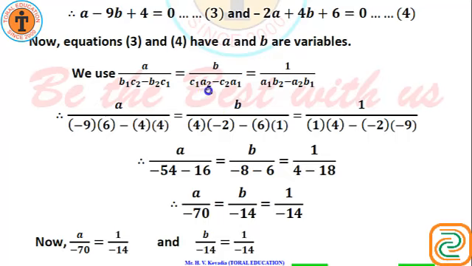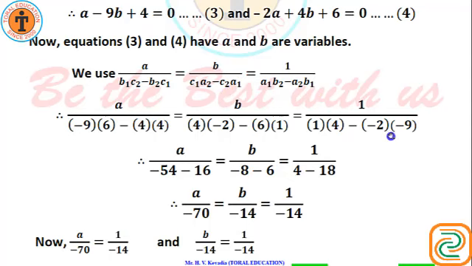Then c1 a2, c1 means 4, a2 means minus 2, 4 into minus 2, minus c2 a1, c2 means 6, a1 means 1, 6 into 1. 1 upon a1 b2 minus a2 b1, a1 means 1, b2 means 4, 1 into 4, a2 b1, a2 means minus 2 and b1 means minus 9, minus 2 into minus 9.